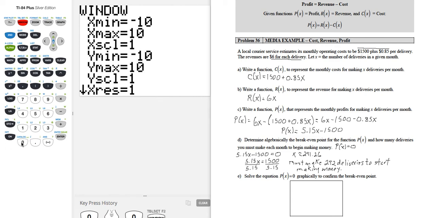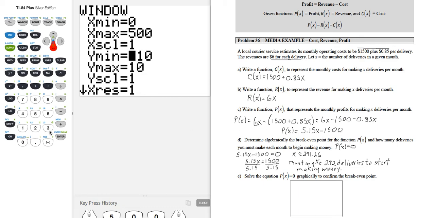My x values have to be at least 0, because I'm not going to make negative deliveries. I figure I'm going to have to make quite a few deliveries each month, so I'm going to let x max be 500. For my y min, if I look at my profit function, I see that the vertical intercept is negative 1,500.